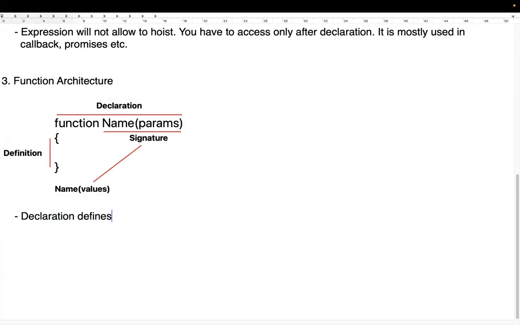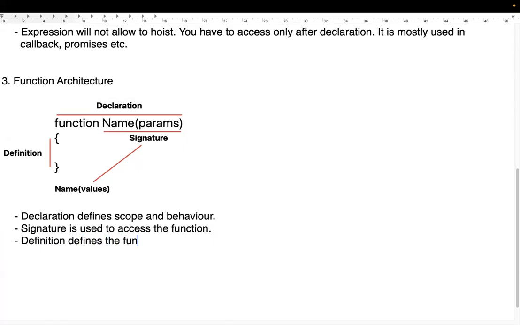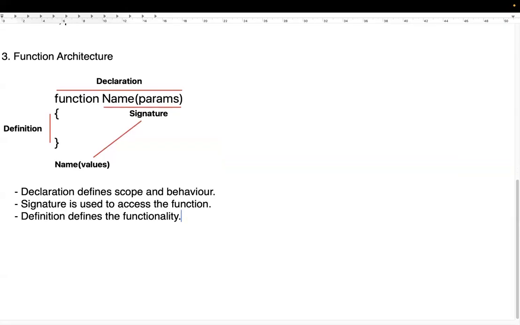Declaration defines scope and behavior, signature is used to access the function, and definition defines the functionality. What functionality the function performs is called the definition. Whenever you write a function, these parts are important to understand.